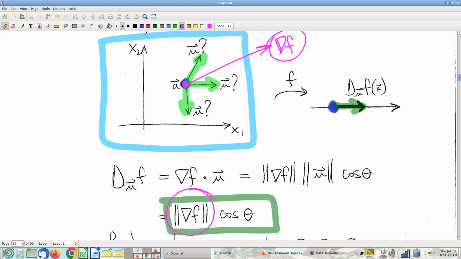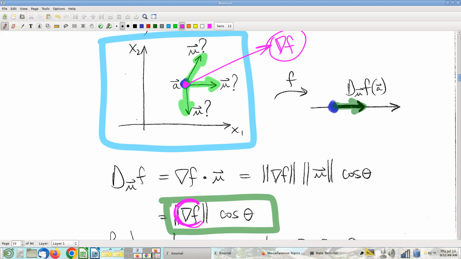I'm not actually moving yet. I haven't decided which direction I'm moving yet. So I'm not moving. A is constant, and the gradient of f is what it is. It doesn't depend on which direction I'm looking.